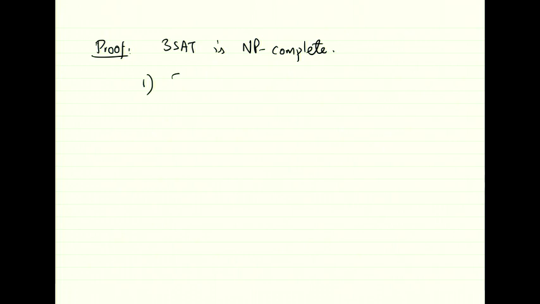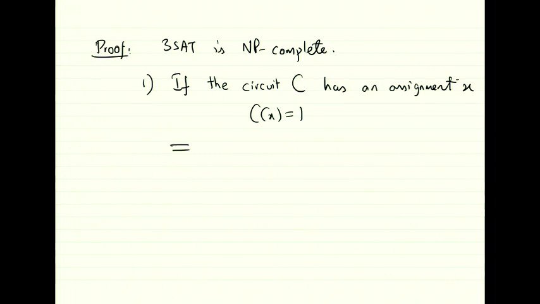If the circuit C has an assignment, a solution x such that C of x is 1, then there exists a satisfying assignment to the 3-SAT formula that you constructed. In this case, the proof is very easy because our construction is very straightforward.